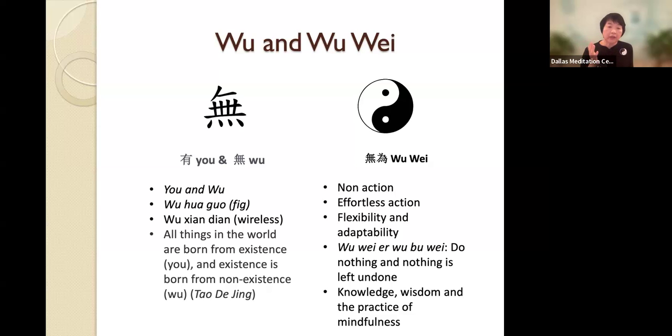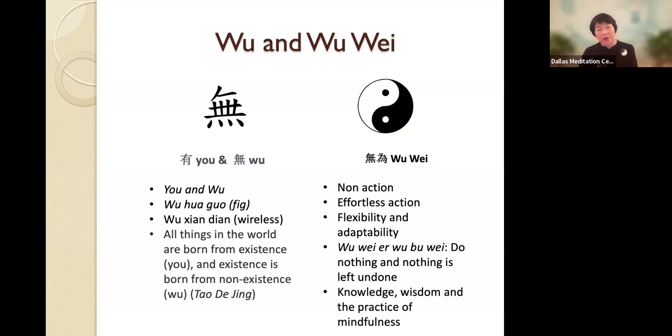So I give you an example of using this wu. Wu hua guo. Wu means not having. Hua means flowers. Guo means fruit. If you know about fig and plants, most fruits you see flowers, and after the flower you have the fruit. But fig is a kind of fruit where you don't see the flower first. Maybe there's a flower, but you don't see it, so you can check.